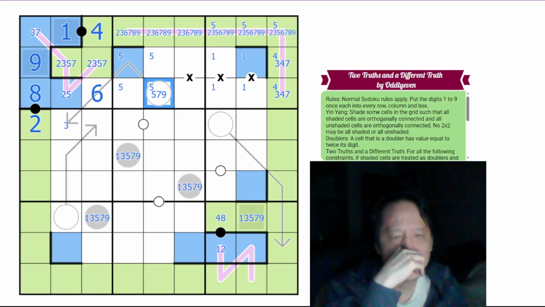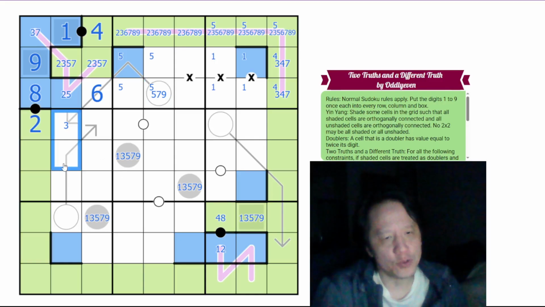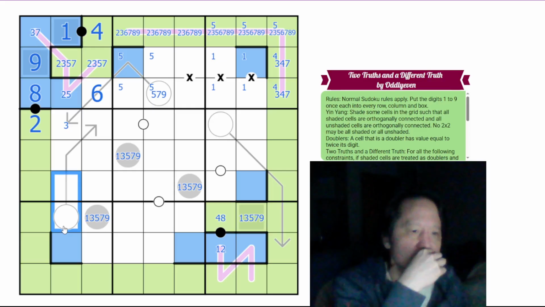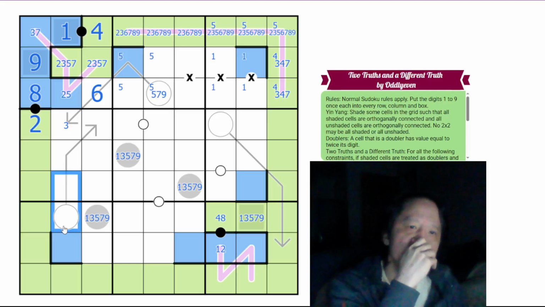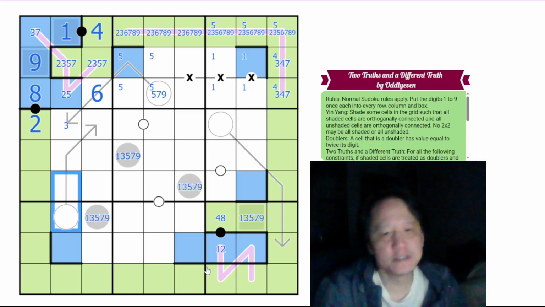Interesting. One of these two is blue, at least. Oh, let's make the edges not black.